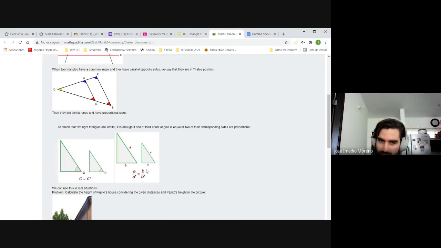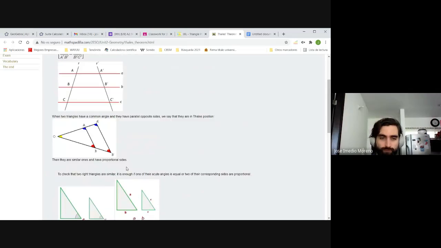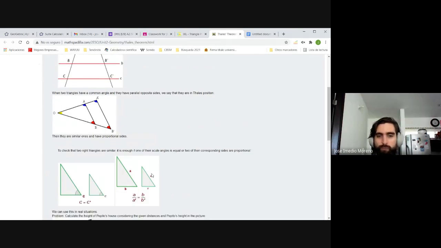And this principle is what will give us Thales' theorem. If we place two similar triangles sharing one angle, we will have something like this.